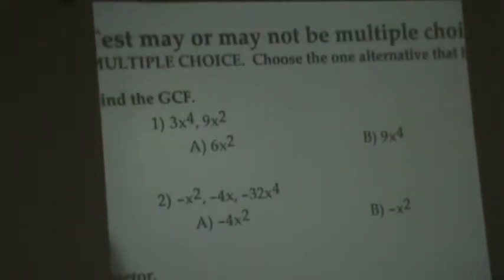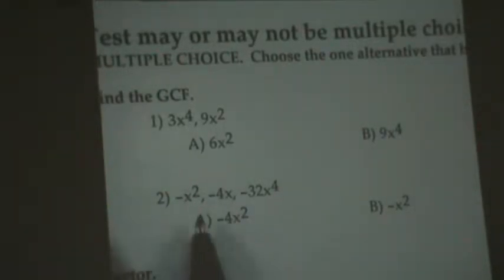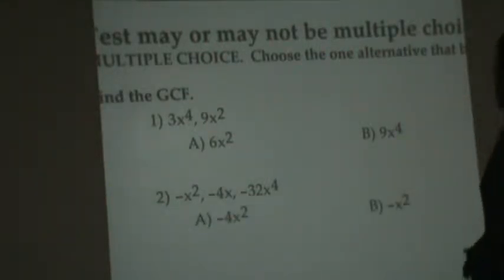Negative x squared, negative 4x, and negative 32x to the 4th. What's the GCF? Do they have a number in common? They don't all have 4, do they? No. Just x? Okay.